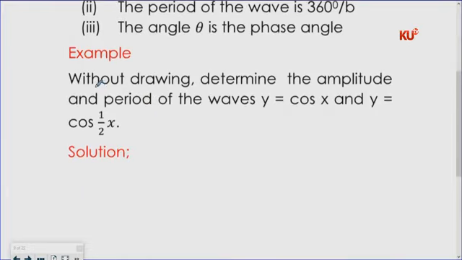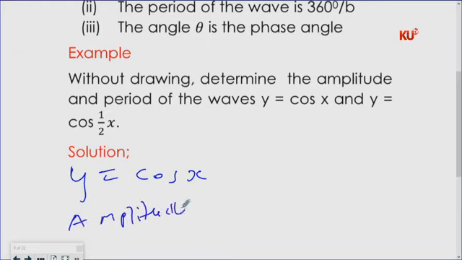You are told, without drawing, to determine the amplitude and the period of the waves. So we have y equal to cos x. Let's get the amplitude of this particular wave.